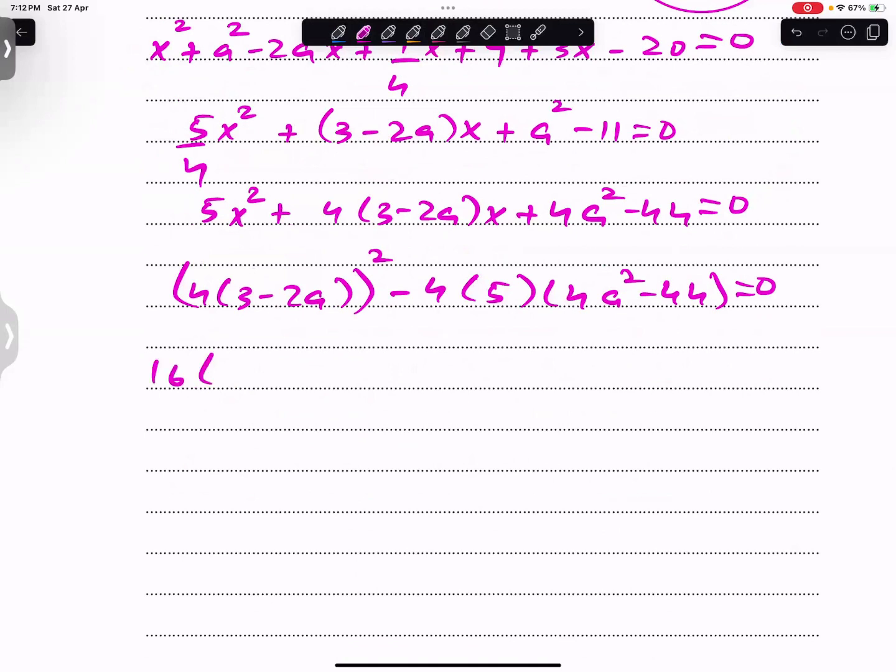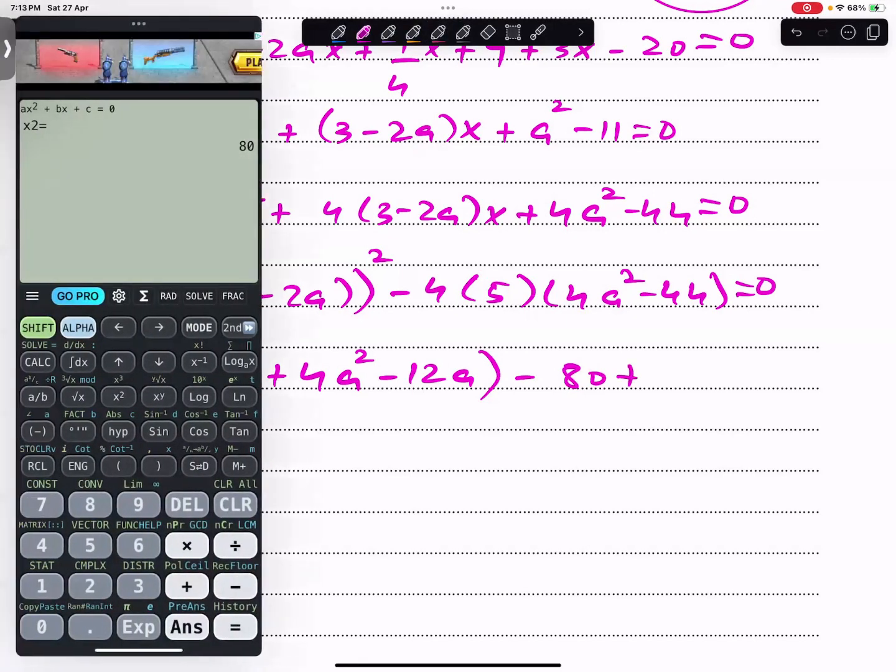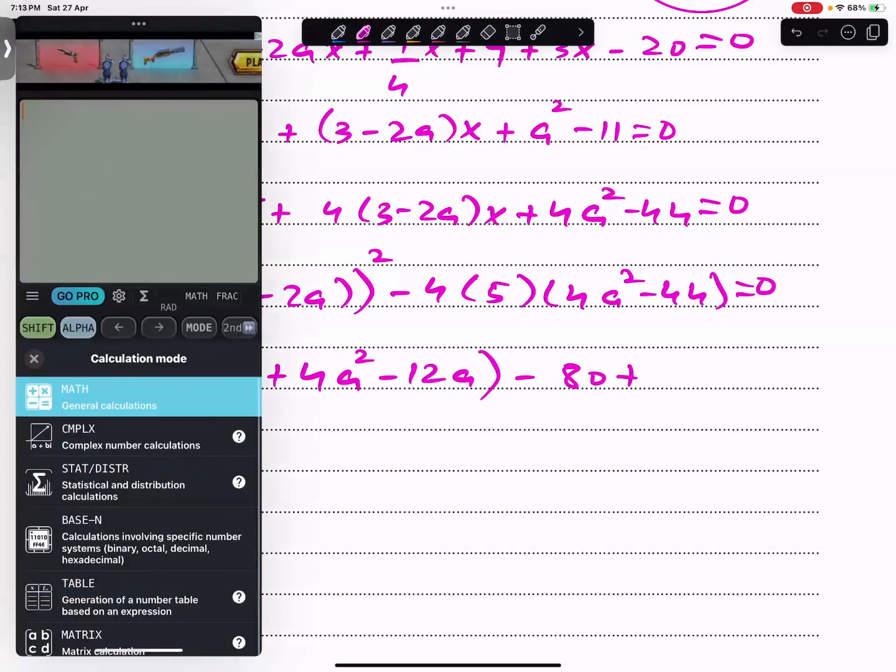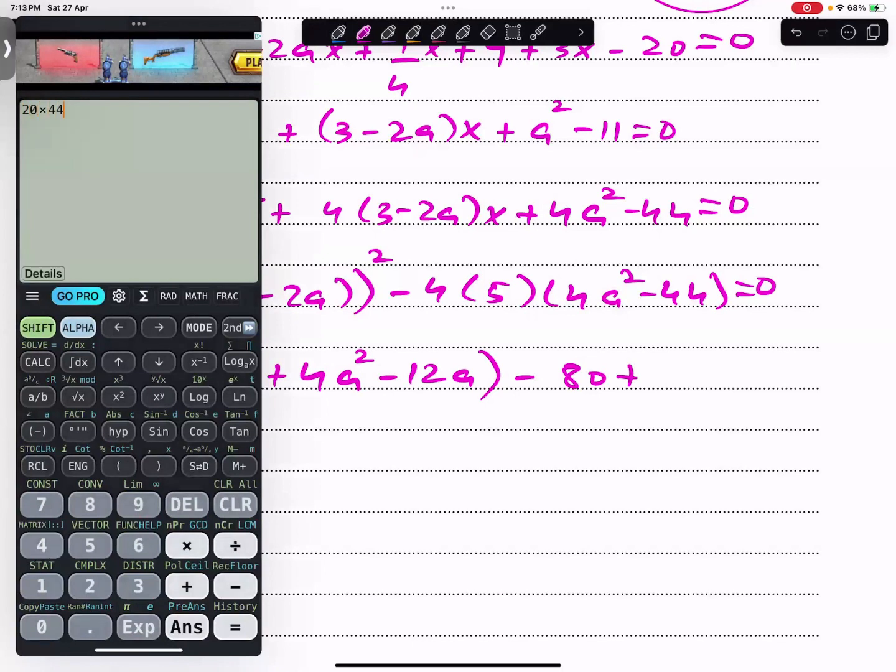So that will be a square plus b square minus 2ab minus 80 plus 20 times 44, 880. 80 a square plus 880 is equal to 0.